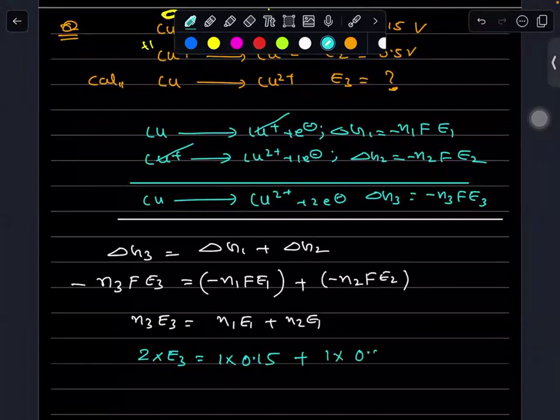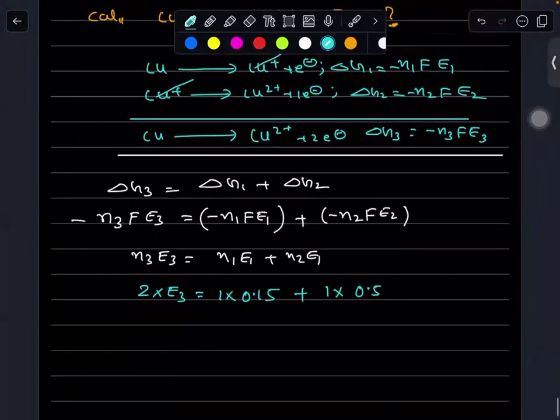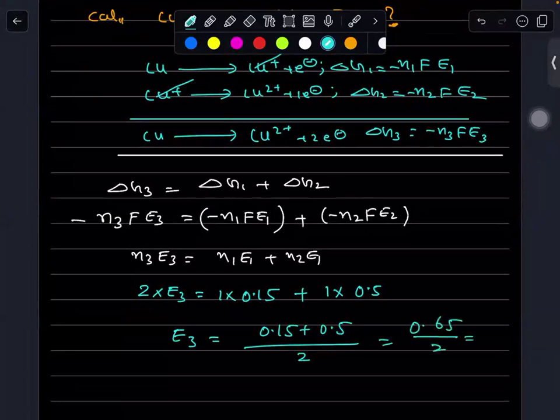The potential given is 0.5 volt. Now from here E3 is equal to 0.15 plus 0.5 by 2, that is 0.65 by 2, which is 0.325, isn't it? Yes, sir.